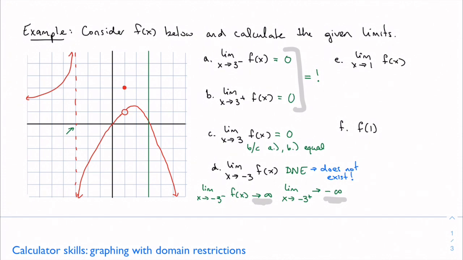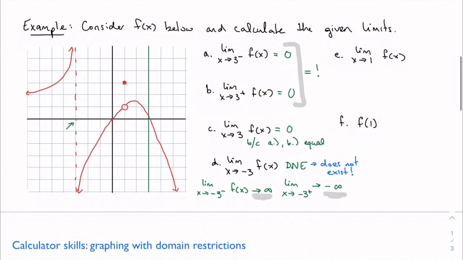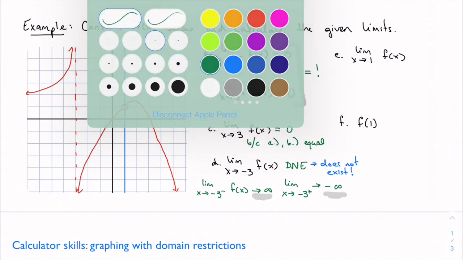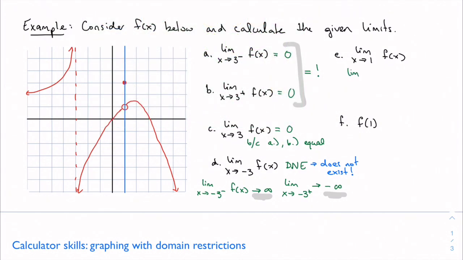So we're going to contrast that now with, if I consider, just get rid of my other lines here, what happens right here when x approaches 1. This is going to get back to the point that I talked about earlier. Remember, same thing, I need to consider both cases.